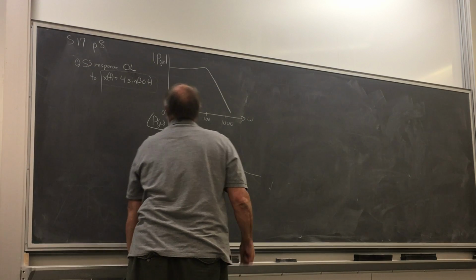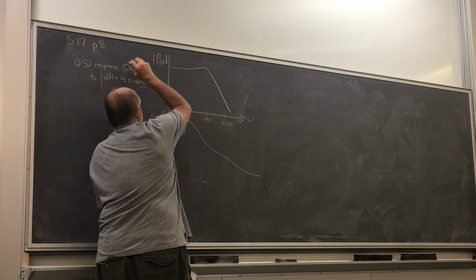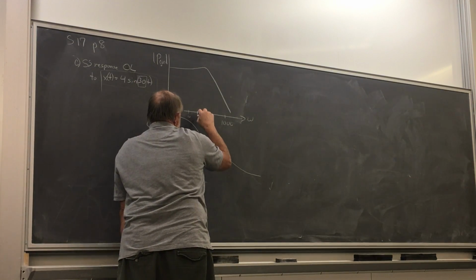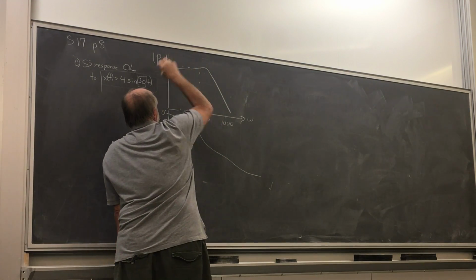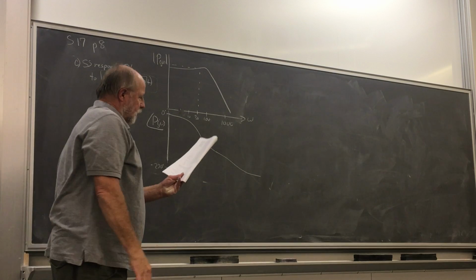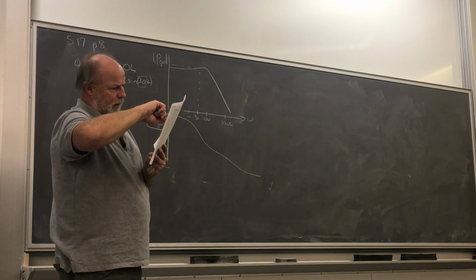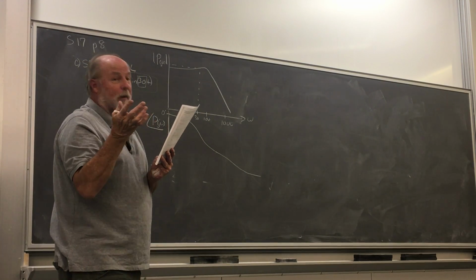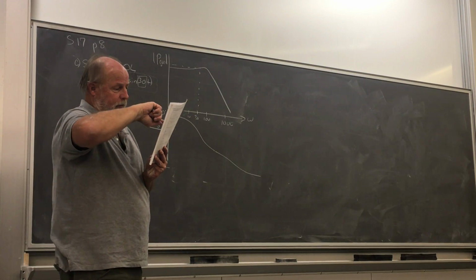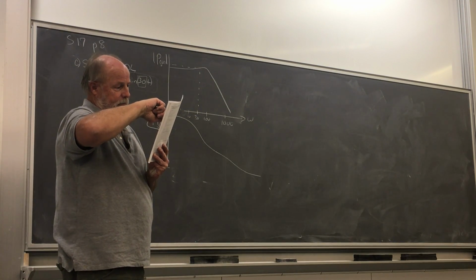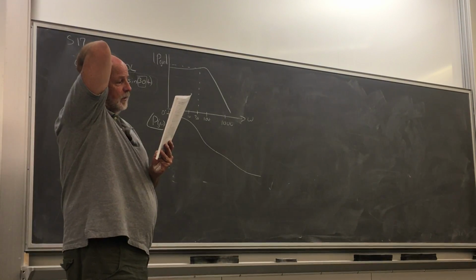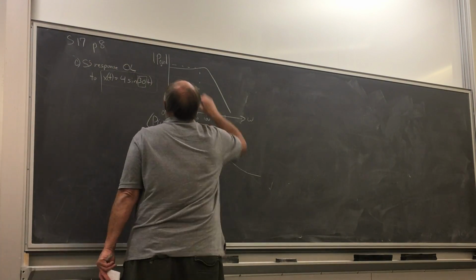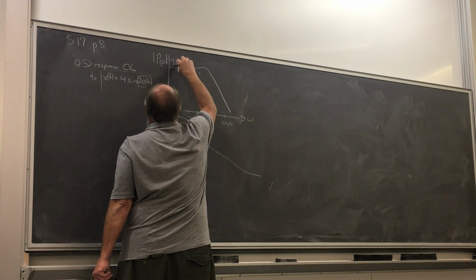At what frequency? 30. So we find 30 here, and we go up here and figure out what that is. That's an omega, and omega is 30. So I didn't trick you there, at least not on this test. And I get roughly 7 dB.